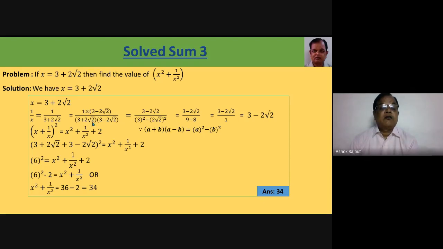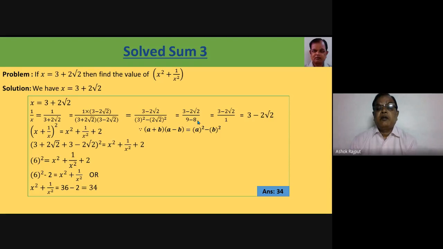Here it is in the form a plus b and a minus b. So it will be a square minus b square, the identity you have used here. So square of 3 is 9, square of 2 root 2 is 8, so 3 minus 2 root 2 by 9 minus 8.